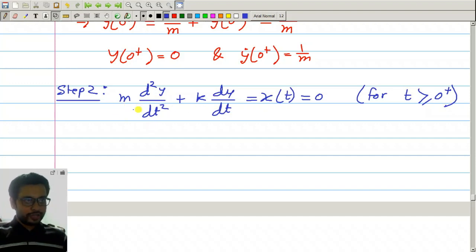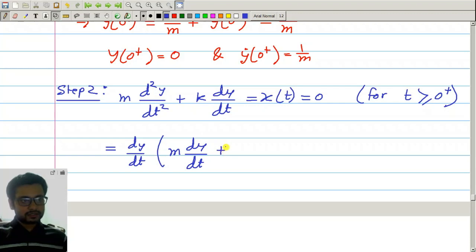Now if you factorize the left hand side, you can write it as d/dt of m dy/dt plus k y is equal to 0.